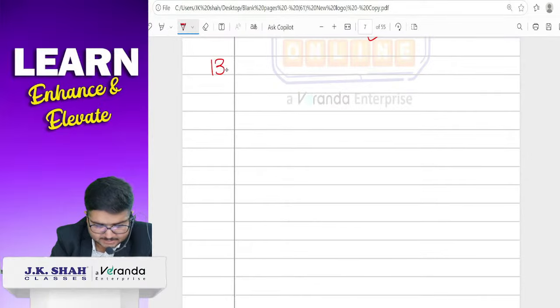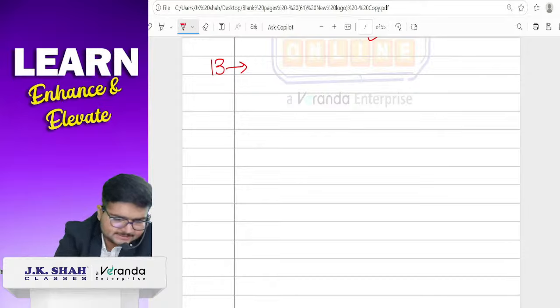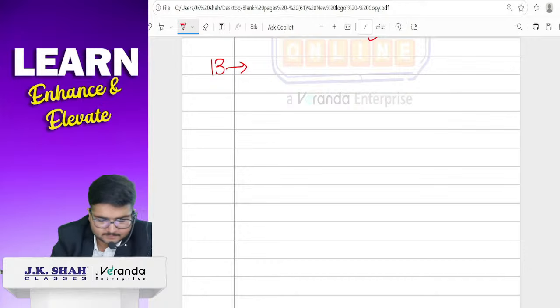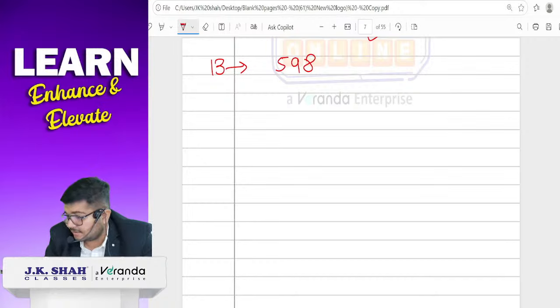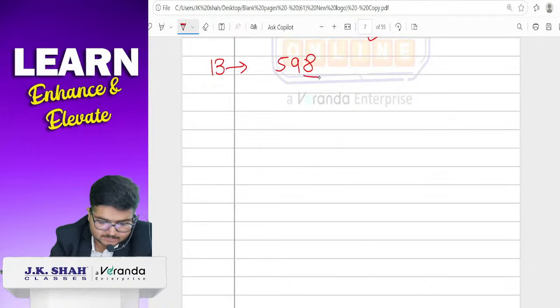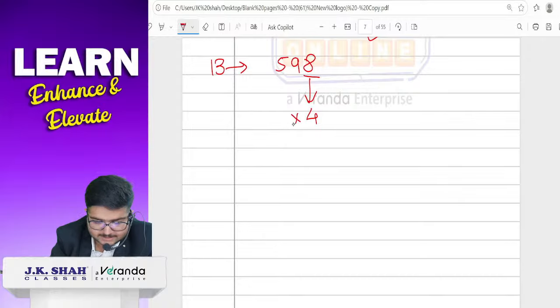Let us take the divisibility of 13. What was the divisibility rule of 13? Let us take an example. 598. I have to check if 598 is divisible by 13 or not. Now take the last digit and always multiply it by 4.